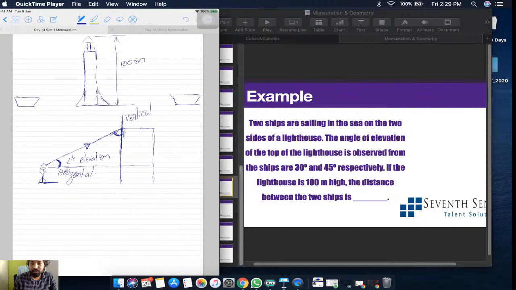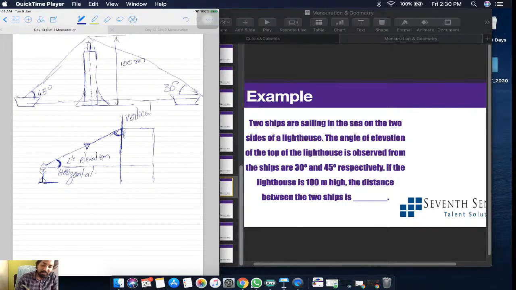Now the lighthouse is observed from the ships at 30 degrees and 45 degrees respectively. So this one will have a 45-degree angle, and this one will have a 30-degree angle. Do you know what cos theta is? Is cos better or sin better in this case?